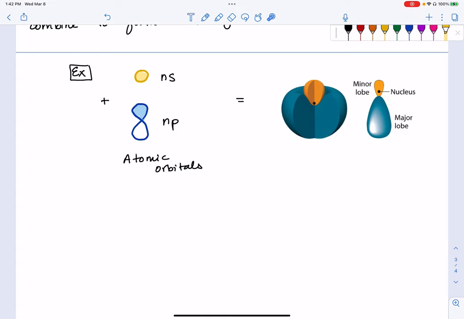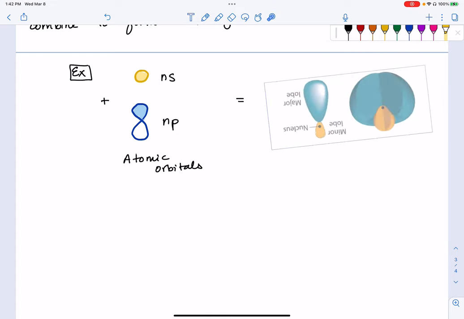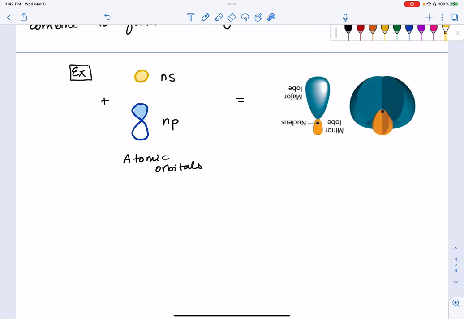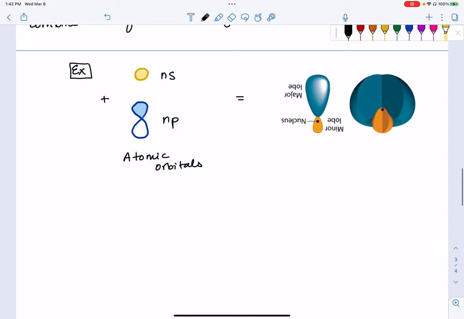We have to rotate this, and I know that the text is upside down. When we combine here and here, we create a big blob, meaning down here we create a smaller blob, if you will. And these are the shapes of the hybrid orbitals.